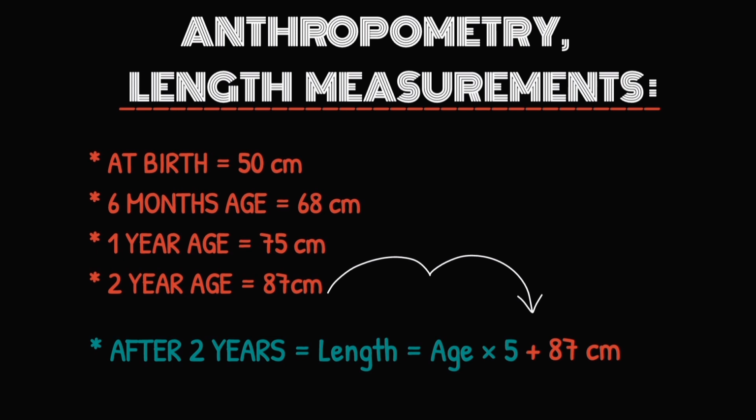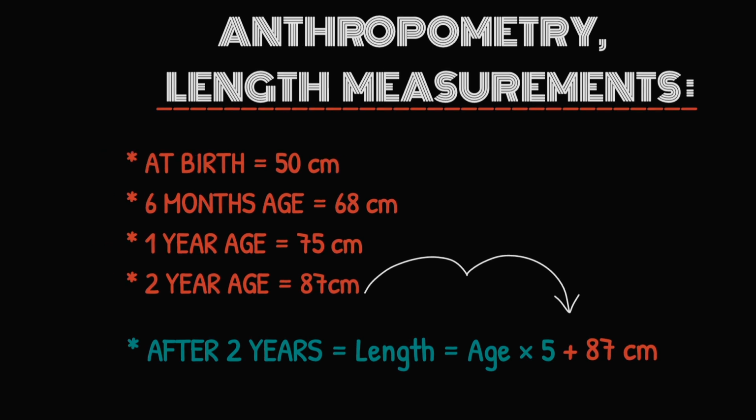So for example, if you want to find out the length of a pediatric patient of age 5, it should be 5 into 5, that is 25 centimeter, plus 87 centimeter. So 25 plus 87 equals 112 centimeter approximately. So your pediatric patient of age 5 should have this much length, and this is the average length.